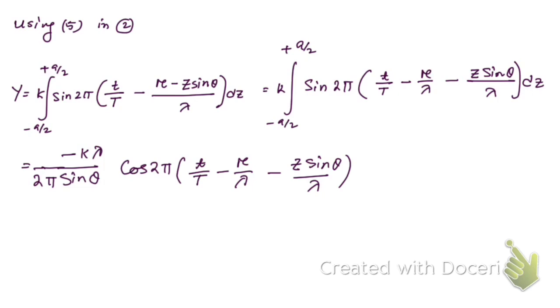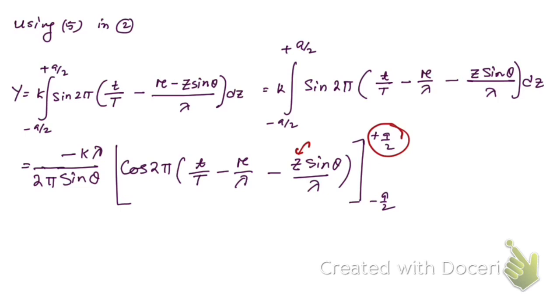Now let's simplify. So here I forgot to put the limit here, this minus a by 2, this is plus a by 2, right? Now first let us replace this z by the upper limit. Okay, then what we're gonna get, let me copy this.